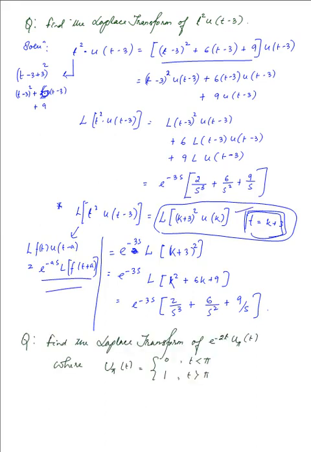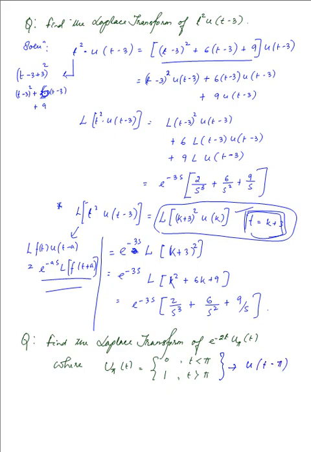Now in the next bit, we are to determine the Laplace transform of the function e raised to the power minus 2t, that is the exponential of minus 2t, times the unit function pi of t. Now the unit function pi of t is defined as shown, so that simply means we have this as u of t minus pi.